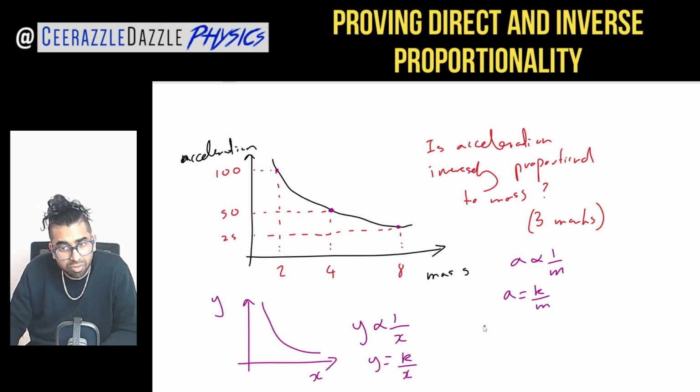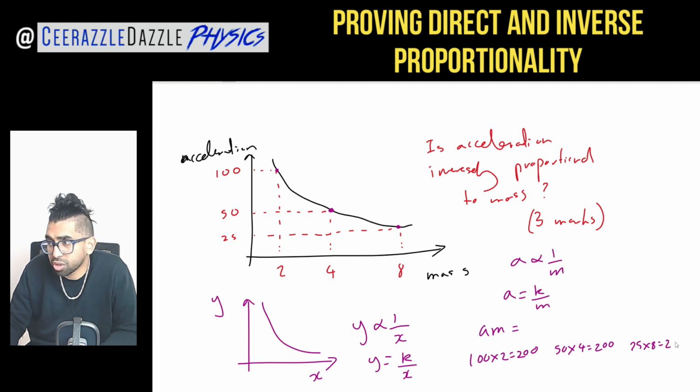If I take the values of the acceleration and times it by the mass, will it be the same? Let's do the first one. We've got 100 times 2, which is 200. So the constant for this one is 200. Let's do the next one. I've got 50 times 4, which is also 200. Next one, 25 times 8, which is also 200.